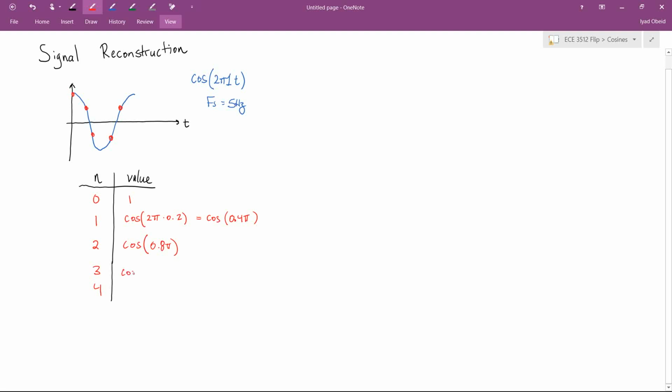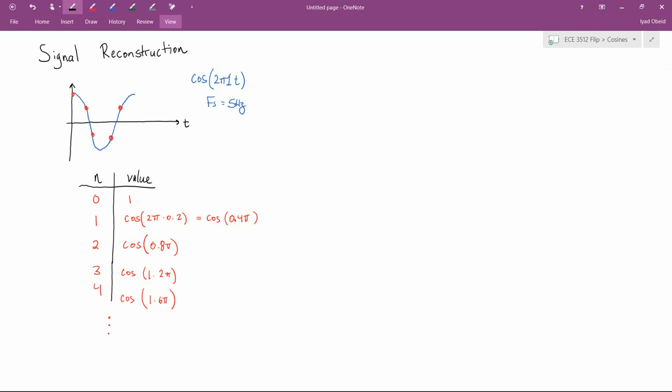This will be cosine of 2 pi times 0.6, so that'll be 1.2 pi. And then finally cosine of 2 pi times 0.8, so that'll be 1.6 pi. So those are the y values of the first period, and of course, if this is an infinitely long cosine, those go on forever.